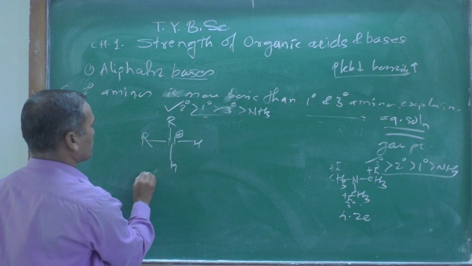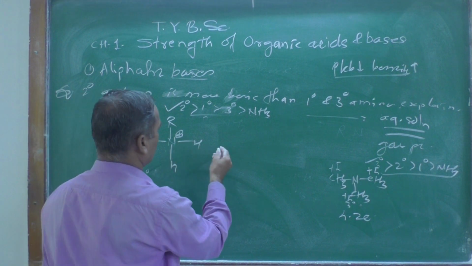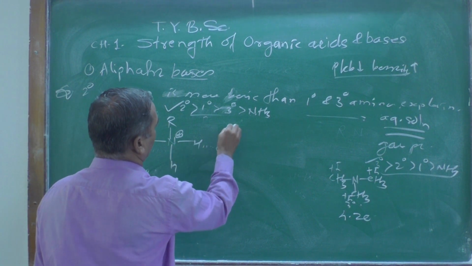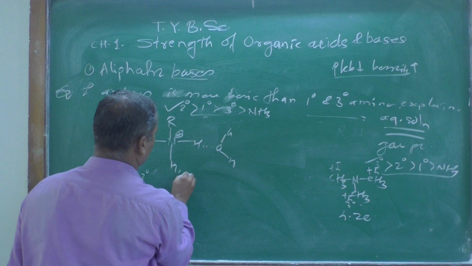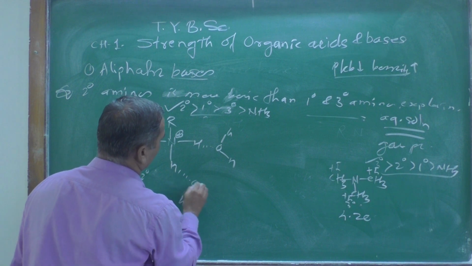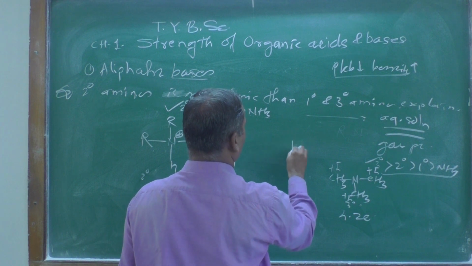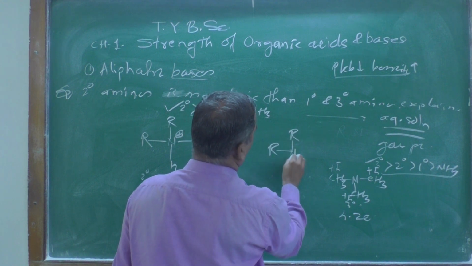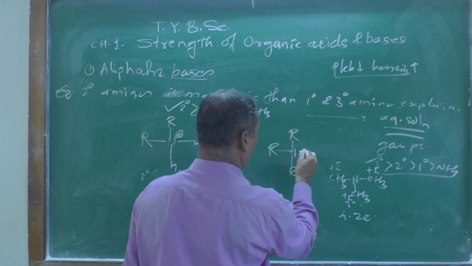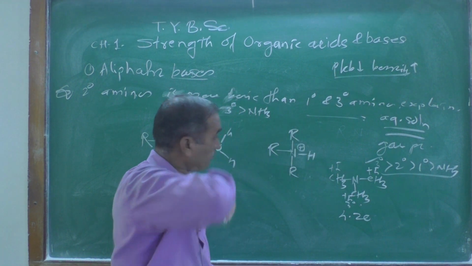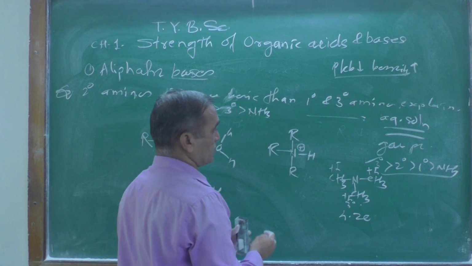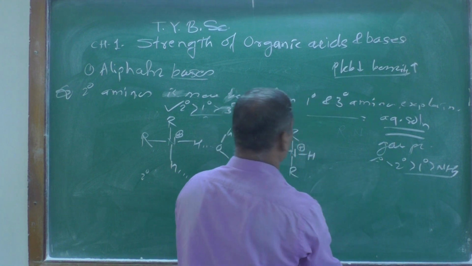This secondary amine gets solvated with water molecules, here O, H and H. In the tertiary amine, we know there are three R groups, and only one proton it can pick up to form a conjugate acid.